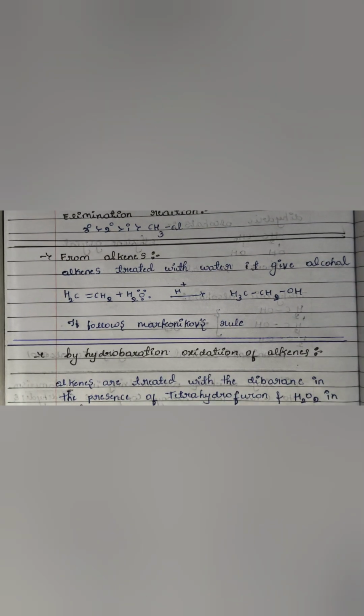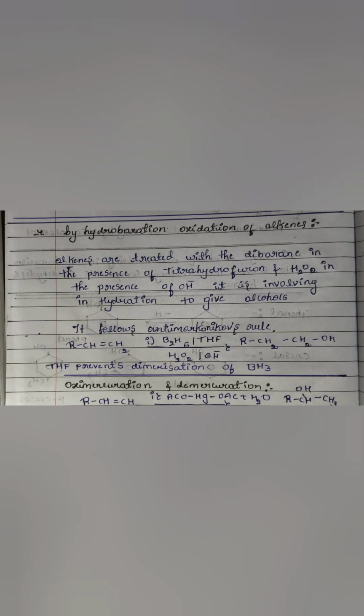And the next one is hydroboration-oxidation of alkenes. When alkenes are treated with diborane in the presence of tetrahydrofuran and H2O2 in the presence of OH minus, it involves hydration to give alcohols. It follows the anti-Markovnikov rule.